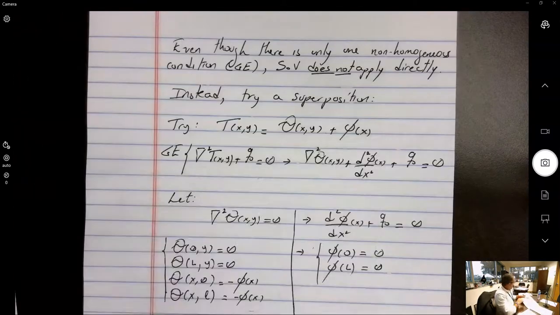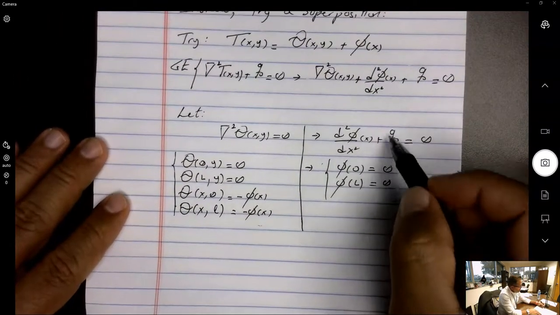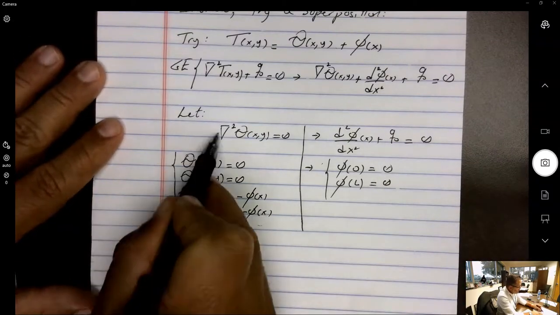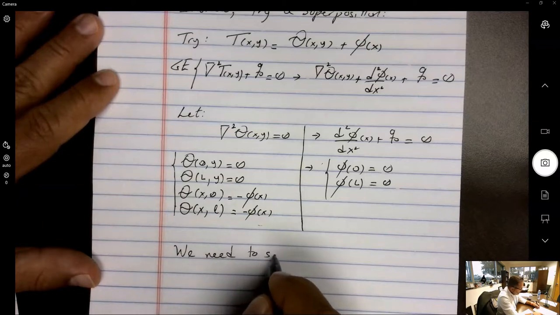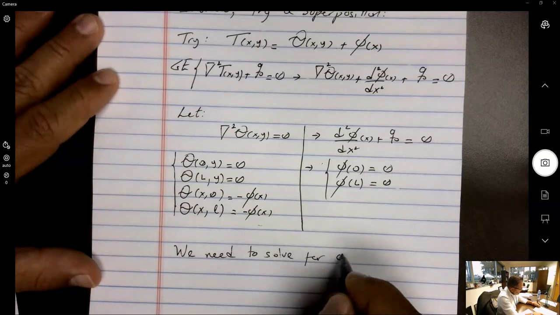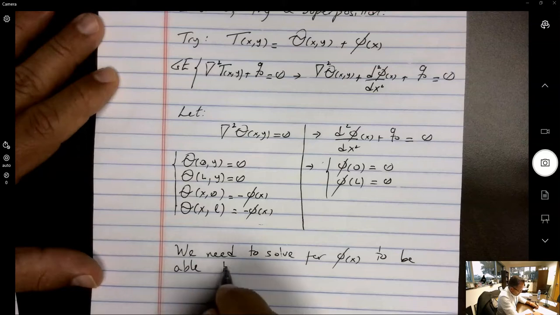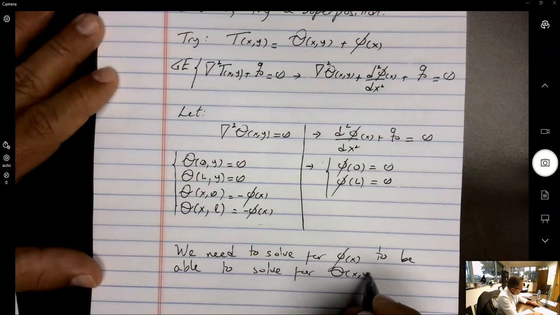Now, basically, what's going to happen is that you need to solve for this problem first. This is an ordinary differential equation, very simple to solve, and then use that as a boundary condition for the next problem. So we need to solve for phi of x to be able to solve for theta of x and y.